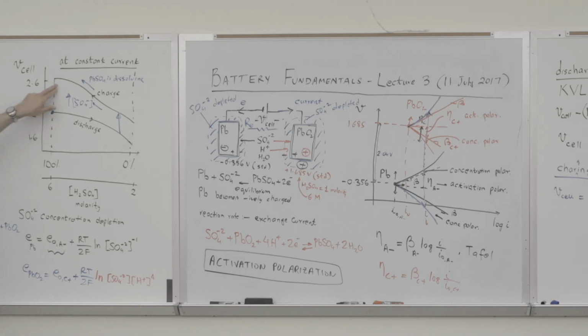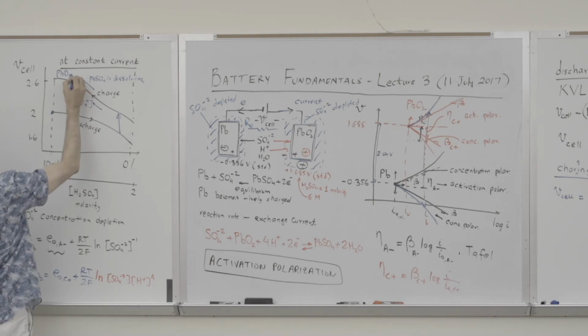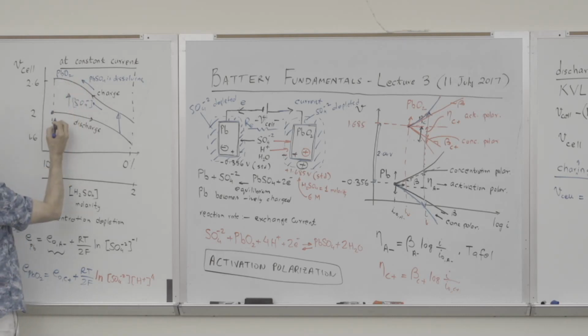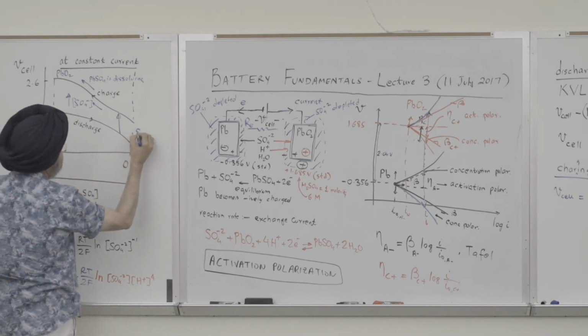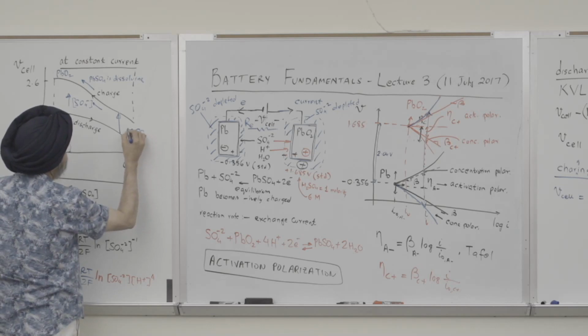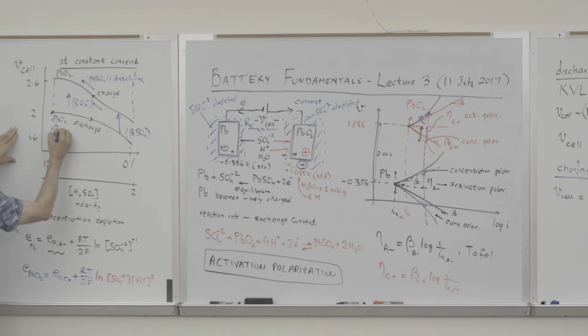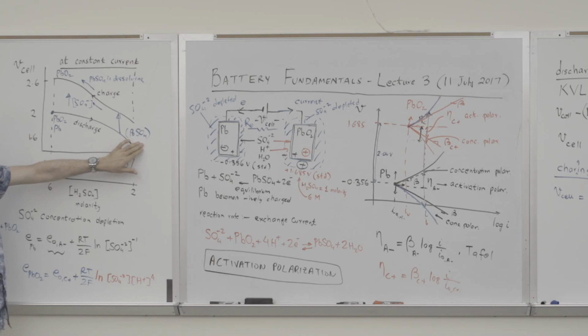So by the time you get over here, you mostly have lead oxide, almost no lead sulfate. So this is also mostly lead oxide. And at this point, you have lead sulfate, which is covering both electrodes. So during discharging, the lead oxide and the lead, they get covered by lead sulfate. So you end up with lead sulfate on both the electrodes.